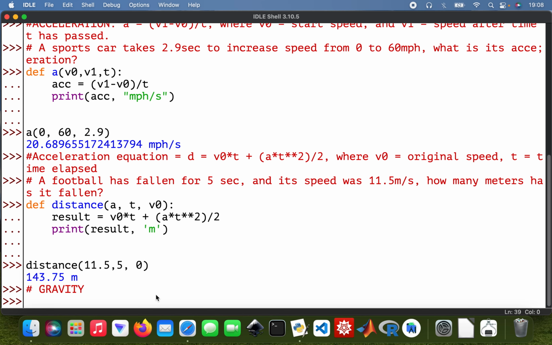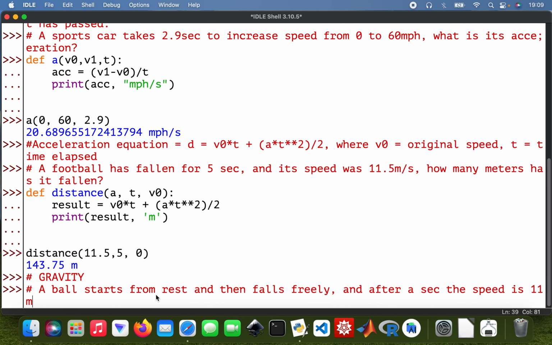Okay, so we've got a question here that we need to answer as well. So a ball starts from rest and then falls freely. After a second, the speed is 11 meters per second.